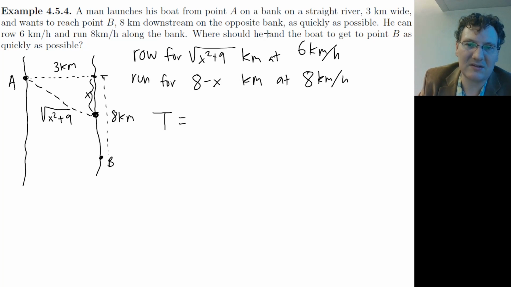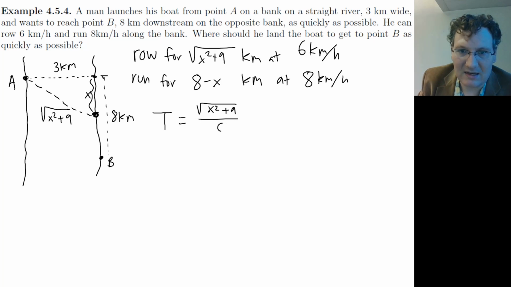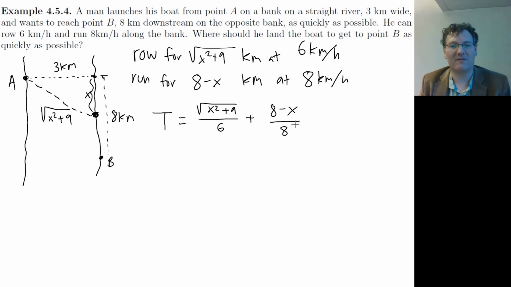If you're going 60 miles an hour and you want to travel 30 miles, 30 divided by 60 gives you 1/2 hour. So it's going to be square root of x squared plus 9 over 6 plus 8 minus x over 8. That's the total amount of time it's going to take for this fellow to reach his destination.